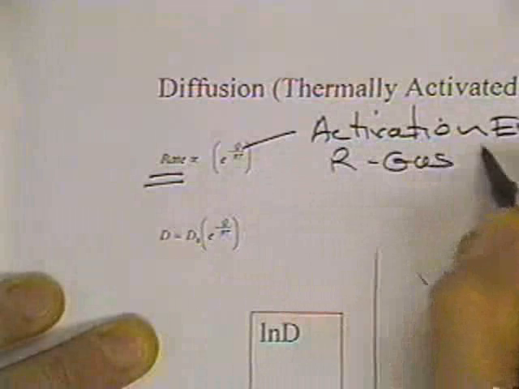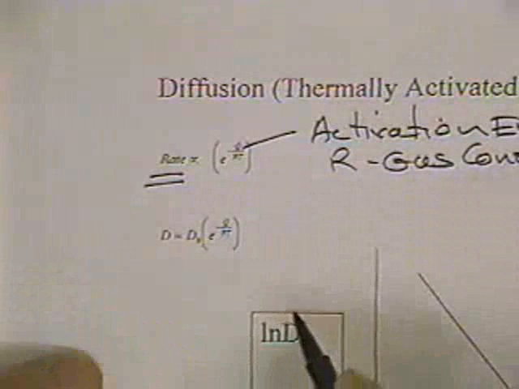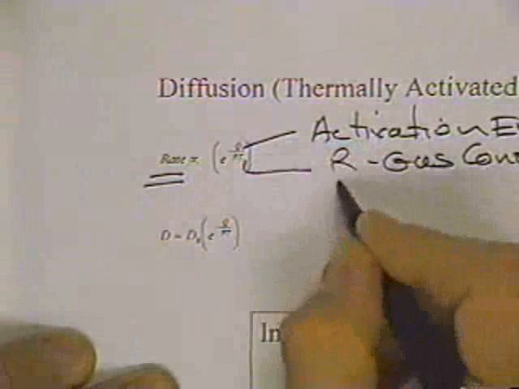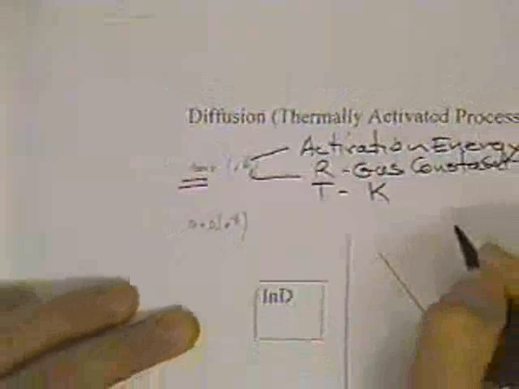R is the gas constant. That's usually the number that you don't have the right conversion factor for. And T is the temperature in Kelvin.